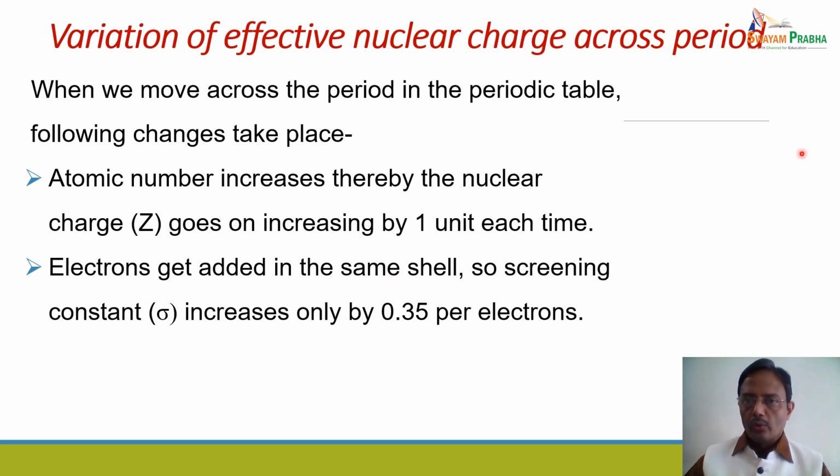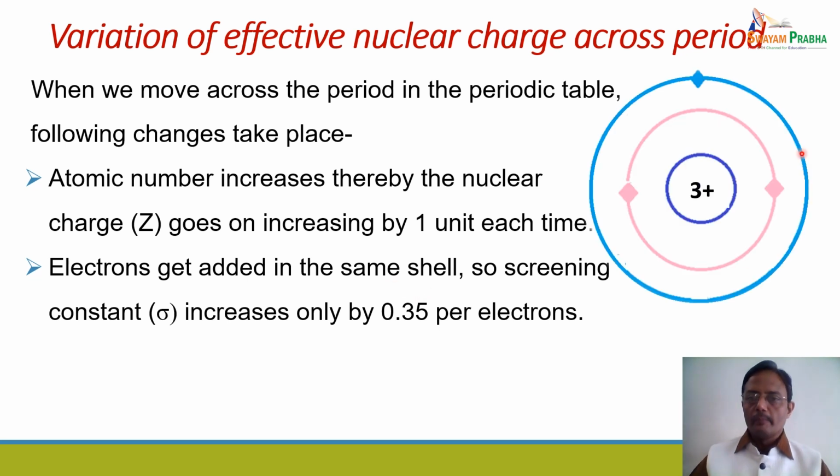If we consider the lithium atom, it has 3 positive charges in the nucleus, so the nucleus is tripositive, and there are 2 electrons in the first shell and 1 electron in the second shell. When we move from lithium to beryllium, the atomic number increases by 1 unit and an electron is added to the same shell, that is the second shell.